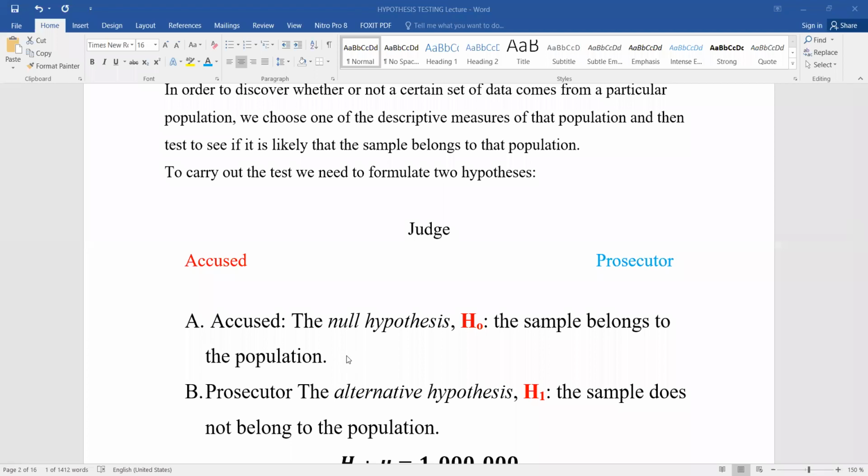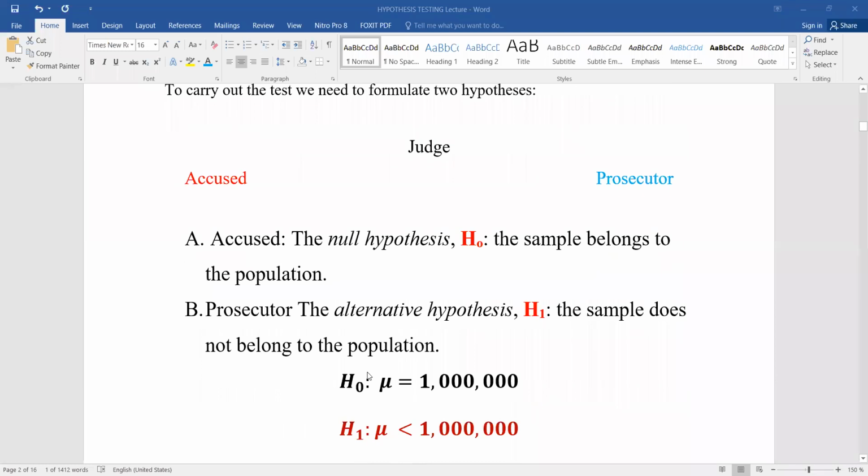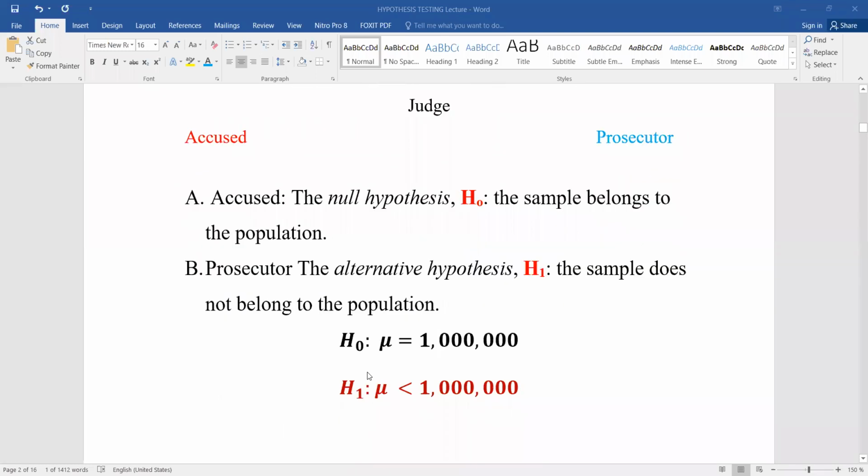So we're saying that hypothesis testing works with that principle, where we have the accused and the prosecutor, then we have the judge. For example, we shall have three different types of hypotheses. One, when H naught: mu is equal to 1 million. Remember, mu is what we call the population mean.